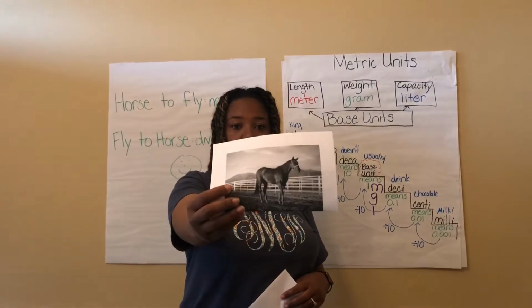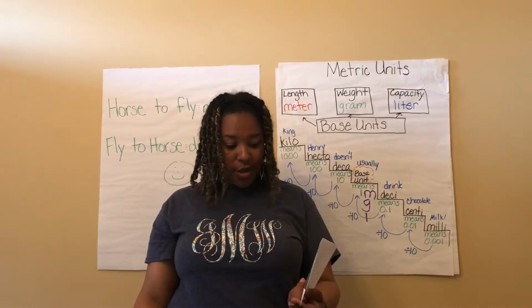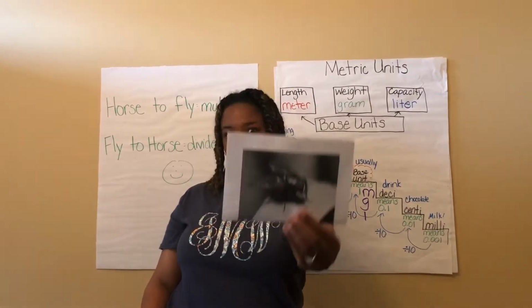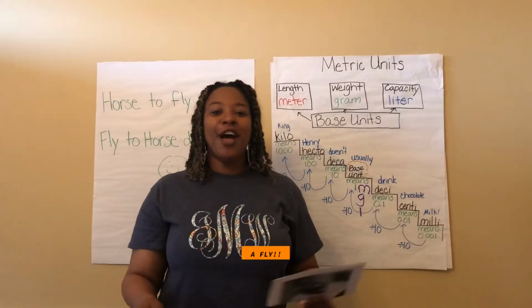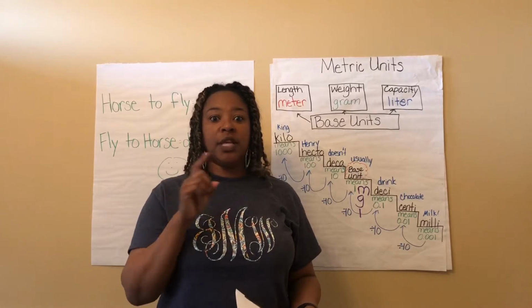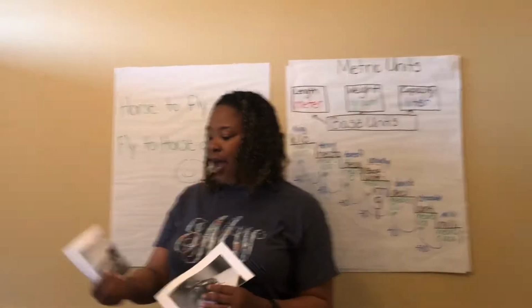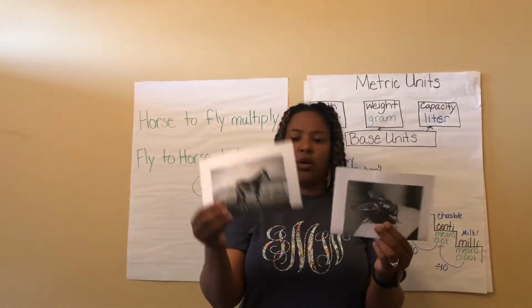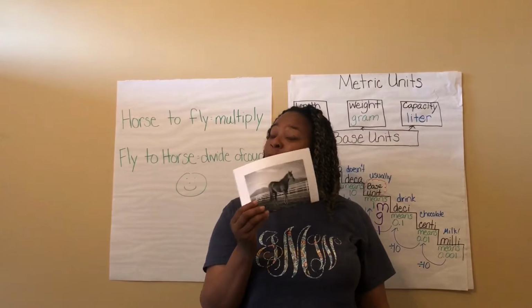So, what is this a picture of? Hope you said a horse. What is this a picture of? I hope you said a fly. This is how I remember if I'm supposed to divide, move to the left, or multiply, move to the right. Which is bigger, a horse or a fly? Ding, ding, ding.